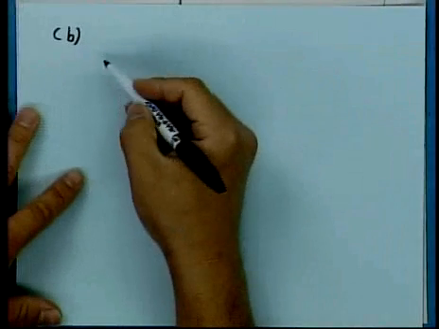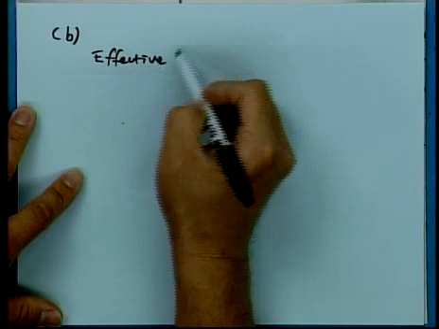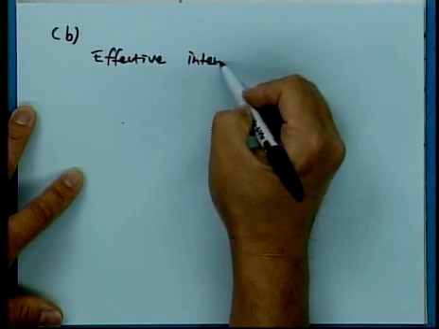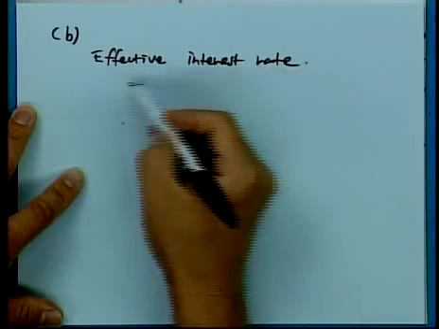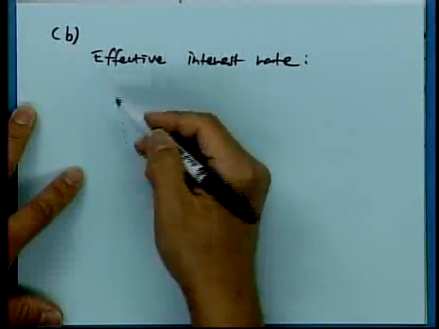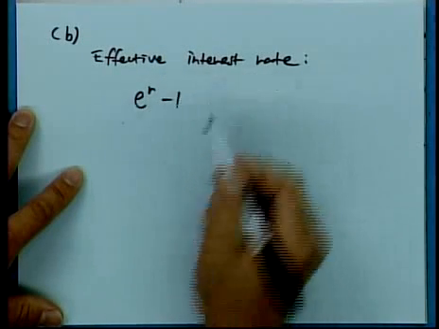What about part B? Part B is asking the effective interest rate. So the effective interest rate would be e to the r minus 1, right?